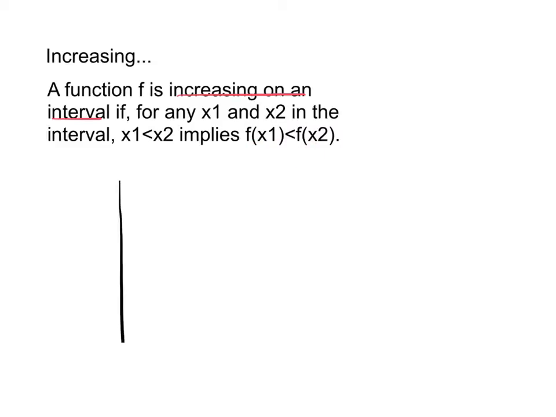Let's take a look at what this means graphically. I'm going to pick an x1 and an x2 such that x1 is less than x2. Now I'm going to pick an f of x1 and an f of x2, except f of x1 has to be less than f of x2.